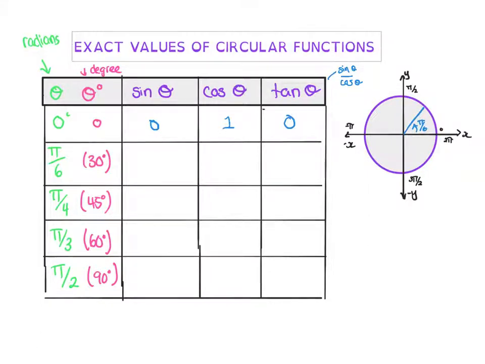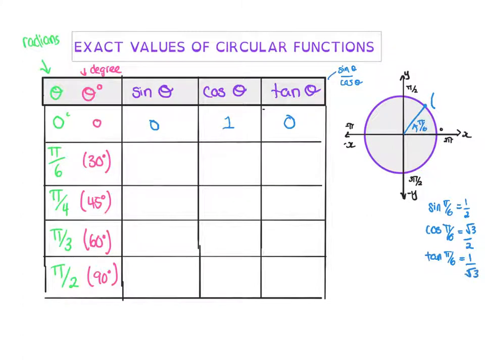So if you've moved up pi on 6 and you press sine pi on 6 into your calculator, you will see that it equals a half. If you press cos pi on 6, you'll get an exact value of root 3 over 2. And if you press tan pi on 6, it equals 1 over square root 3.